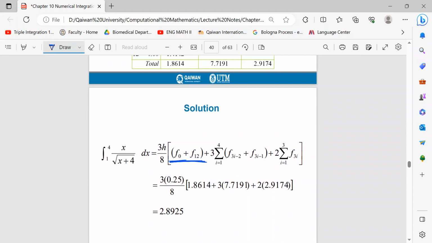Then 2 times the multiples of 3, I mean x3, x6, x9, and so on. Okay, and 3 times all the others. So how many categories do we have? 3. Okay, we need to have 3 columns in the table.